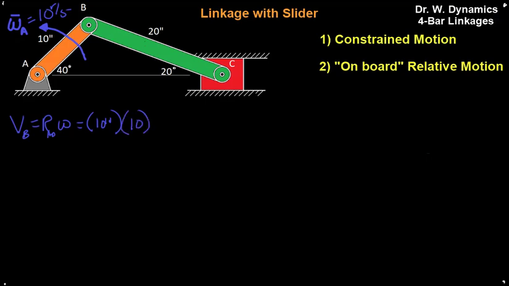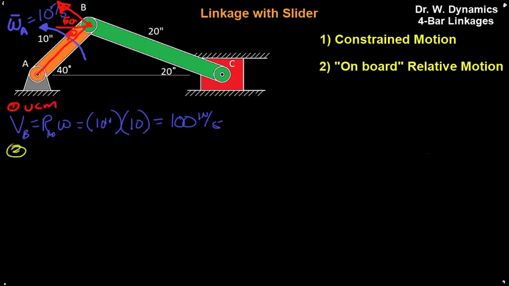This will be 10, and that will give us 100 inches per second. And it will act perpendicular to the link right there. So there's the velocity of B. And we can trace our angles up to here. If that's 40, this is 40, and this will be 50 right there.